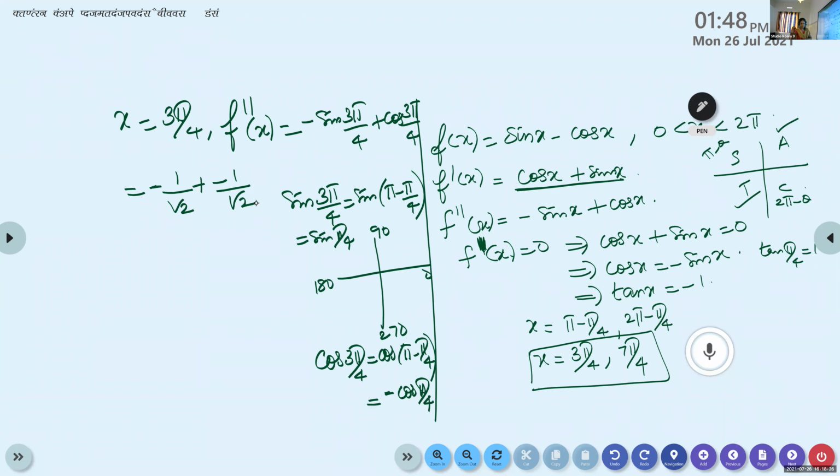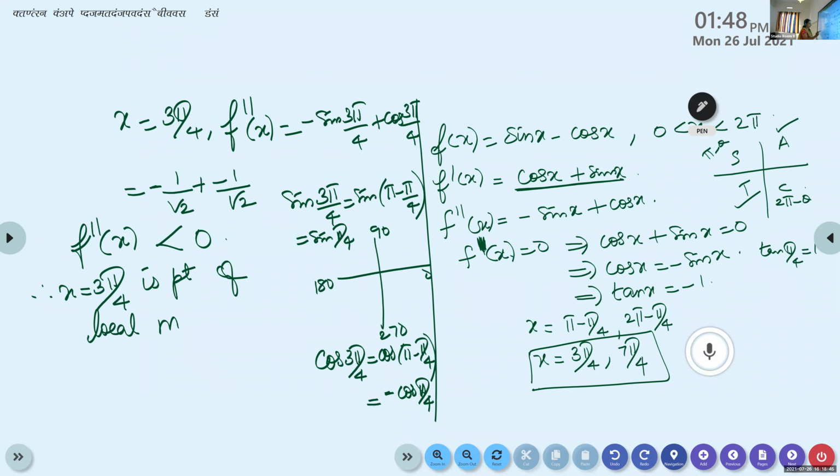Is it positive or negative? Both are negative, isn't it? So f double dash of x will be negative. Therefore, x equal to 3 pi by 4 is a point of local maxima. Negative means it is a point of local maxima.